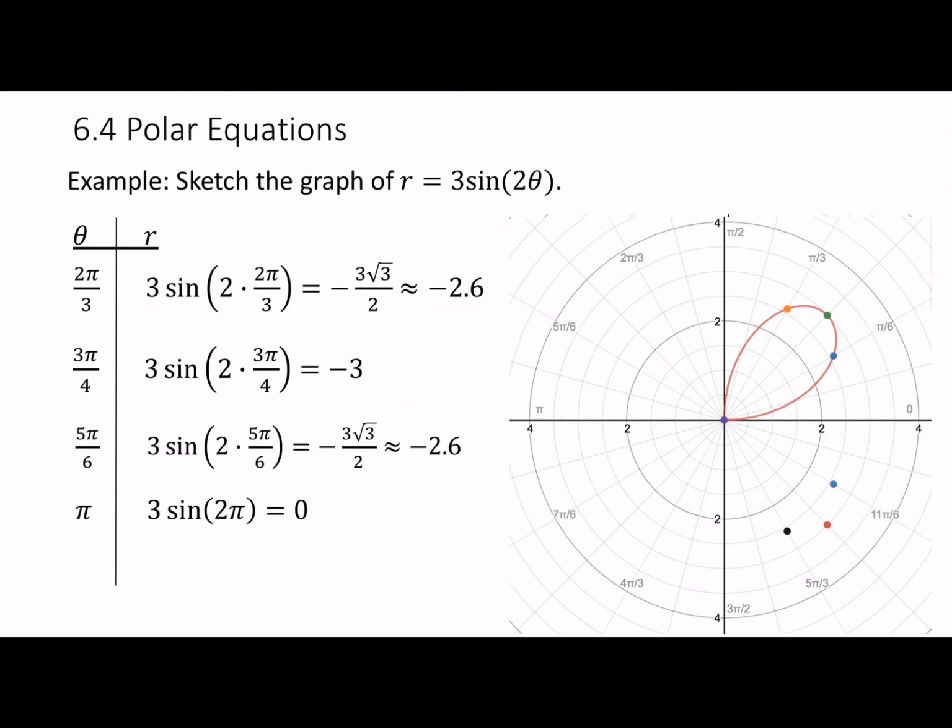And when theta was 3 pi over 4, I got a negative 3, so I'm going to move in the opposite direction of 3 pi over 4, and that gives me this orange point down here in quadrant 4. And then we did the 5 pi over 6, and that gave me this blue point down in quadrant 4. And finally, when we plug in pi, we're going to get 0, and that puts us back at the origin.